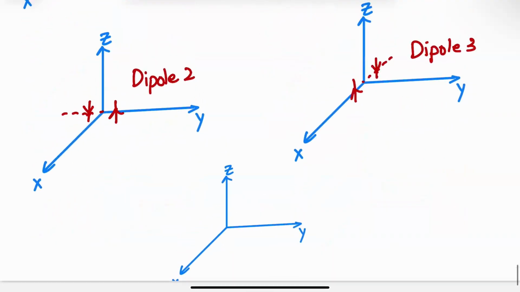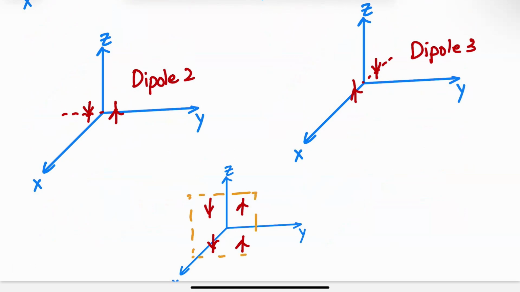And then we can also do quadrupoles. So quadrupole would be many different types. One type is what I'll draw here, going up, going down. And let's just assume that this is in the YZ plane. Of course, you can have it in XY plane, XZ plane, and so on.